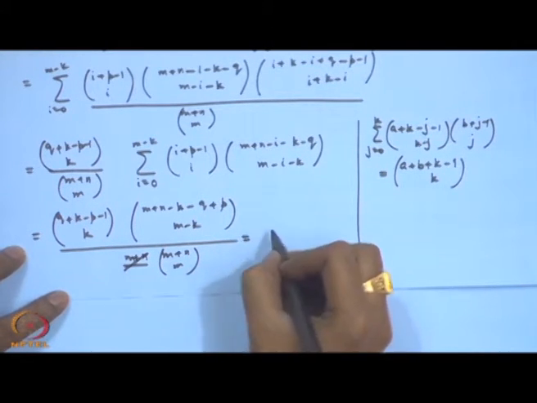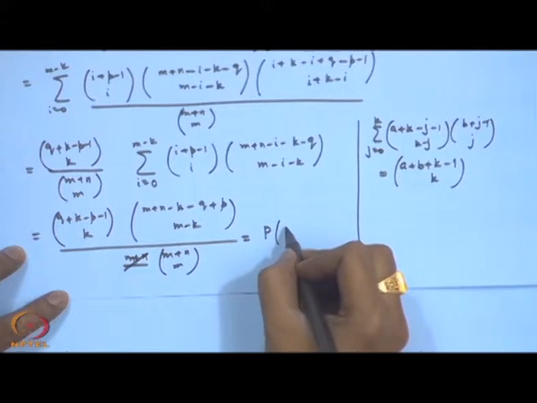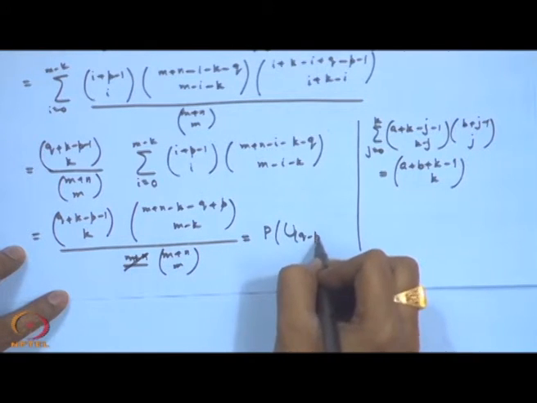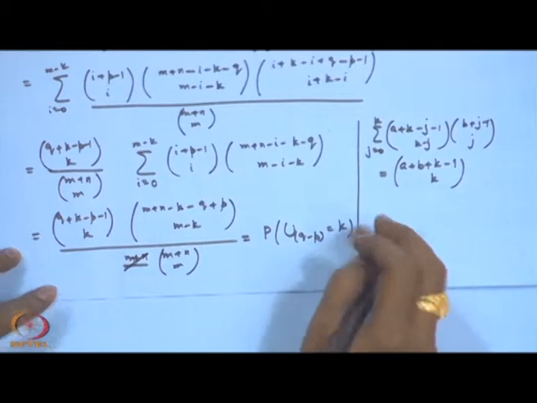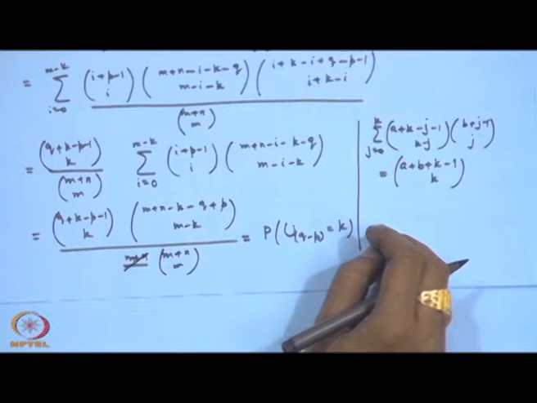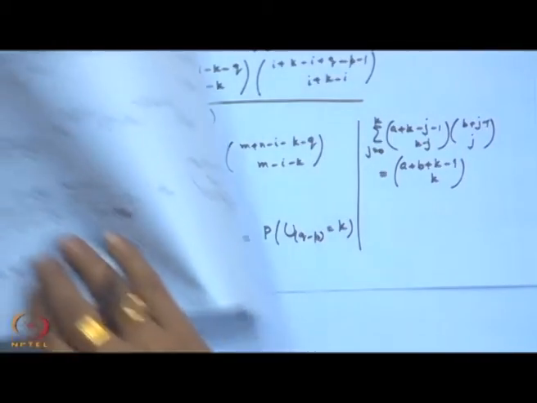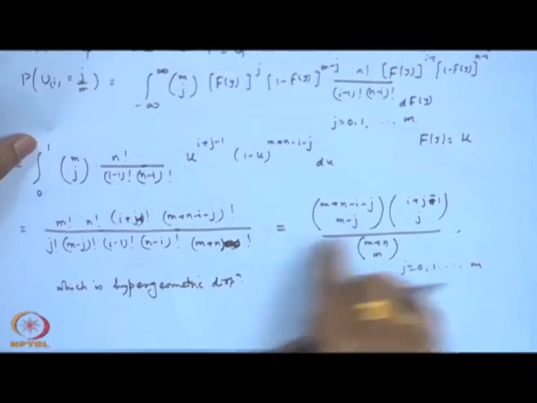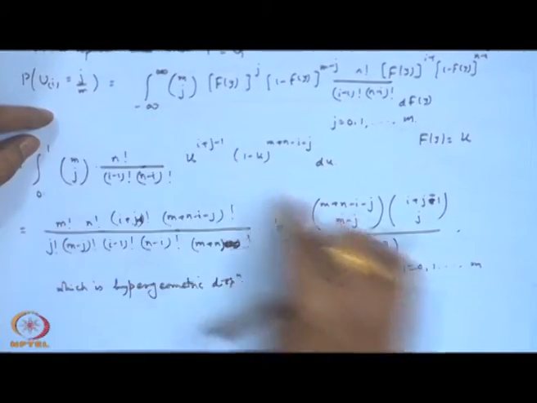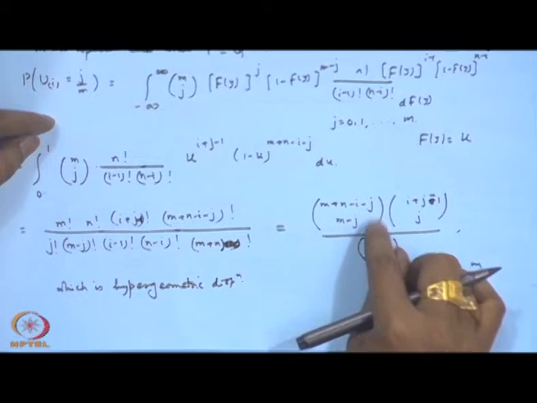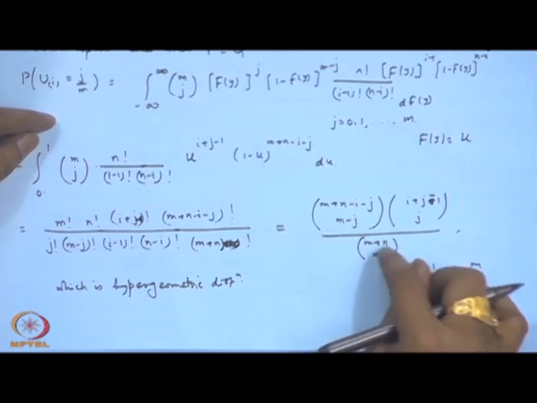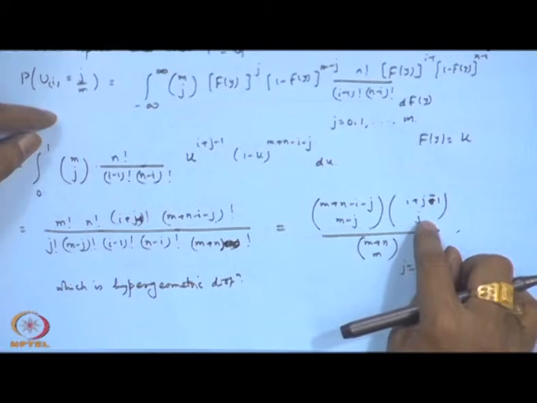But if you see, this is also the probability of u q minus p is equal to k. We can look at the distribution that I derived for u I here, that is, the probability that u I is equal to j by m is equal to m plus n minus I minus j c m minus j, I plus j minus 1 c j.